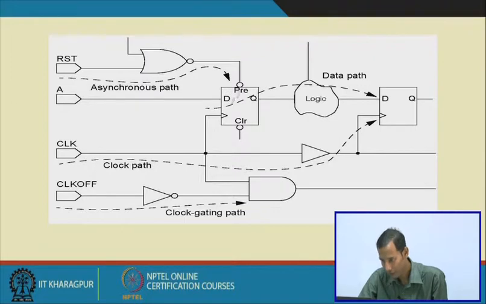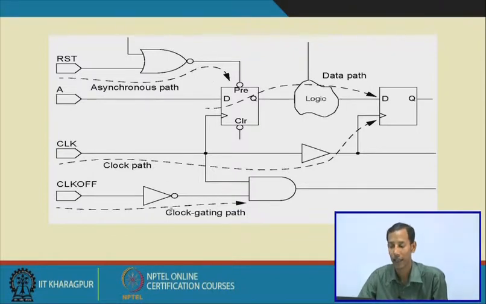In the first flip flop, the preset value has been NORed with some other logic, whether that may be enable logic or some other logic, with the reset value, and that has been applied to the preset. So, this is the asynchronous path.